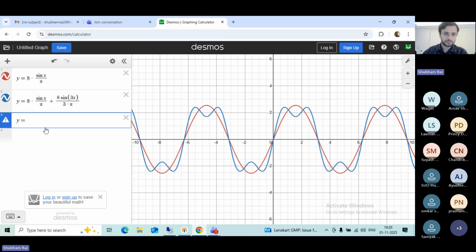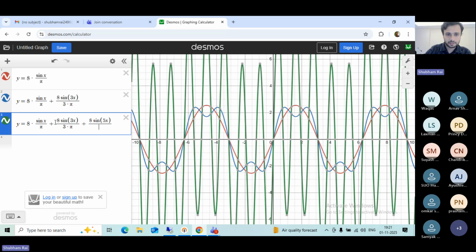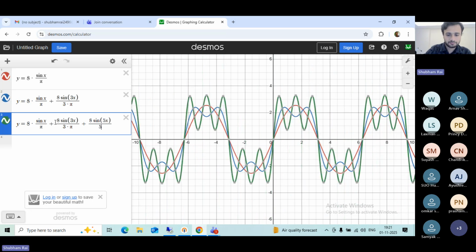You can go on plotting partial sums, fourth, fifth, there will be an infinite number of terms. I'm just plotting the third partial sum. It is 4k by 5 pi into sine 5x, and our k is 2. So we have 8 into sine 5x divided by 5 pi.